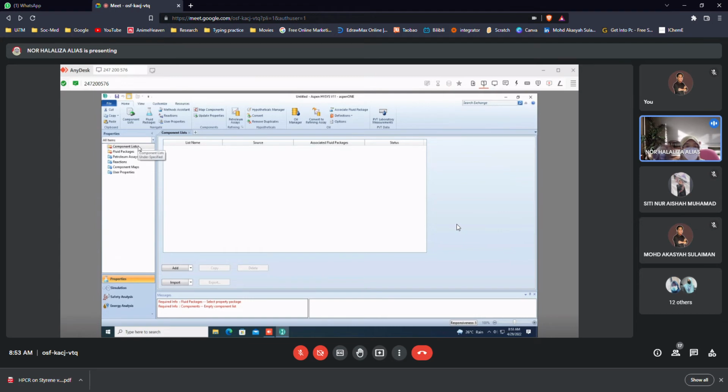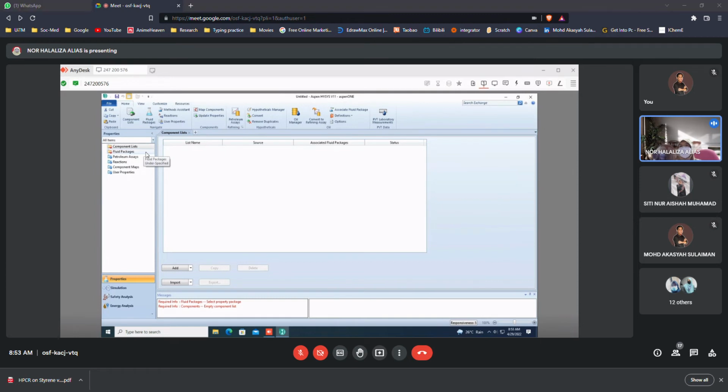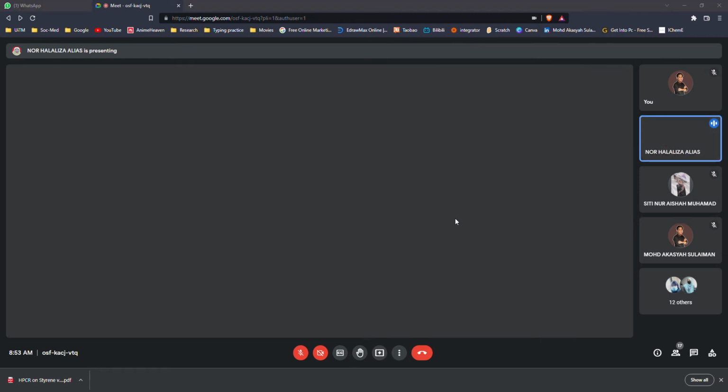It means our reactant, and also the fluid package. These two are the most basic things that you have to remember. Whatever the question or assignment or lab session that you have, focus on these two only. This is the main thing when you start to do HiSys.